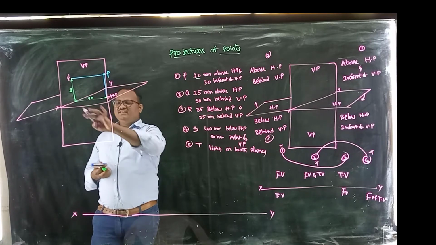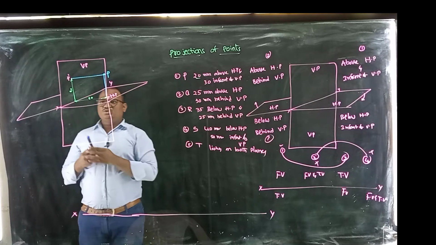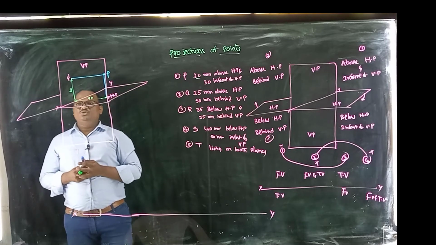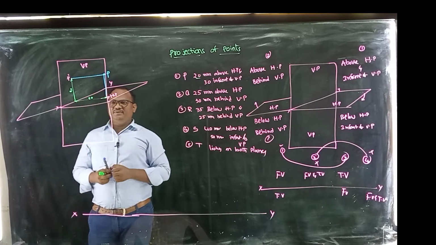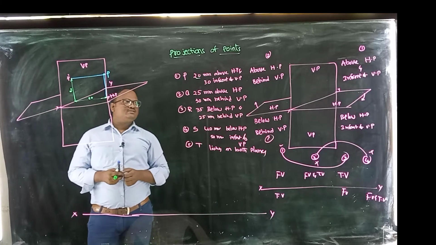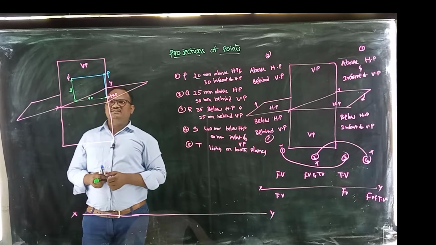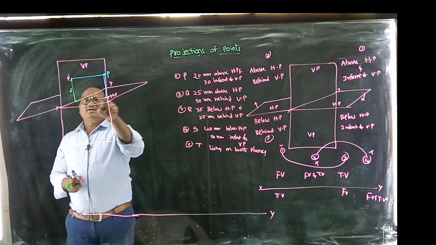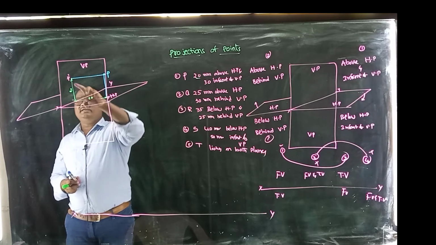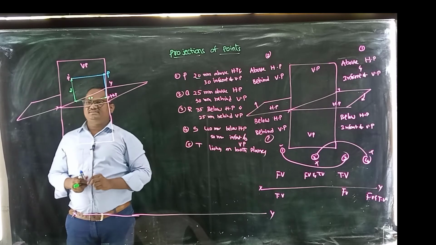After this assumption, you have to draw the answer. Whatever image on VP is constant, that constant image you have to draw first. What is the constant image here on VP? That means 20 mm P dash.